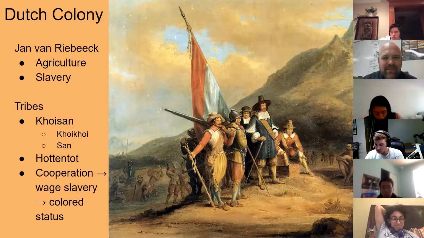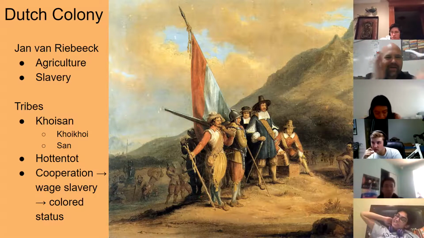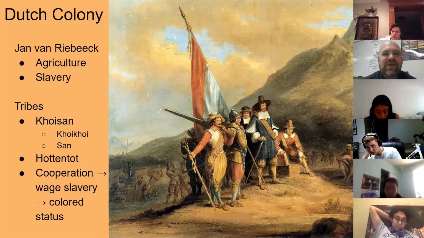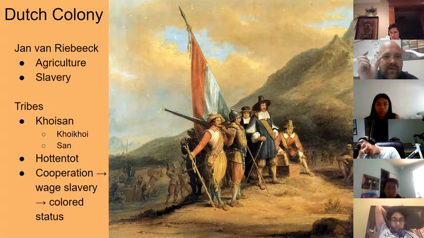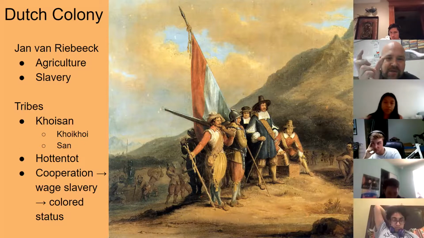Pakistanis equals black, problem solved. But in South Africa, it's not like that. South Africa has a 3-tiered system: white, black, and colored. The Khoisan are the first tribe to get put in that colored category.